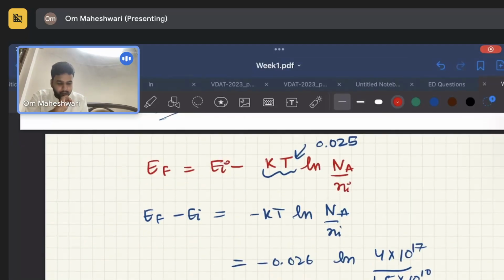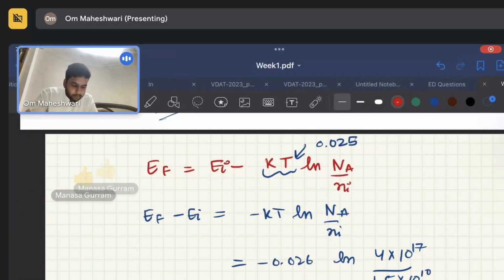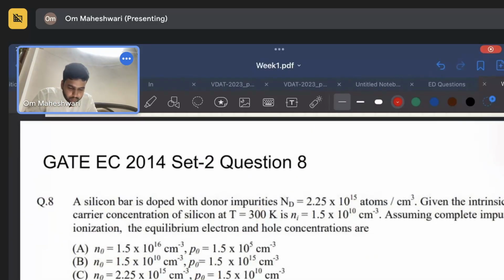So is this clear, this question? Yes, sir. Okay, great. So I have one more question. This is a very simple question. From this topic, the questions in GATE are very simple, but there are a lot of questions like this.